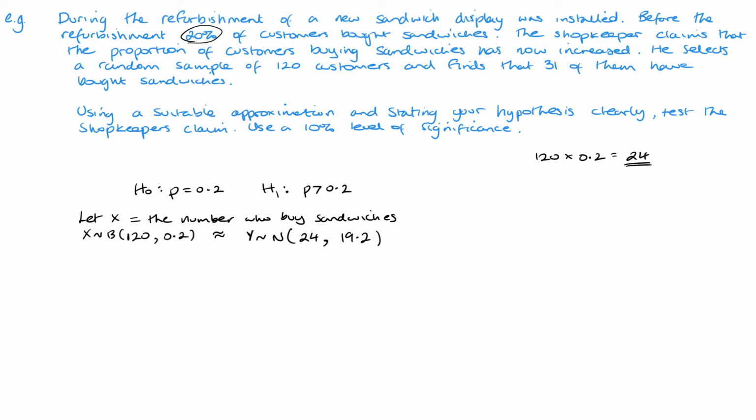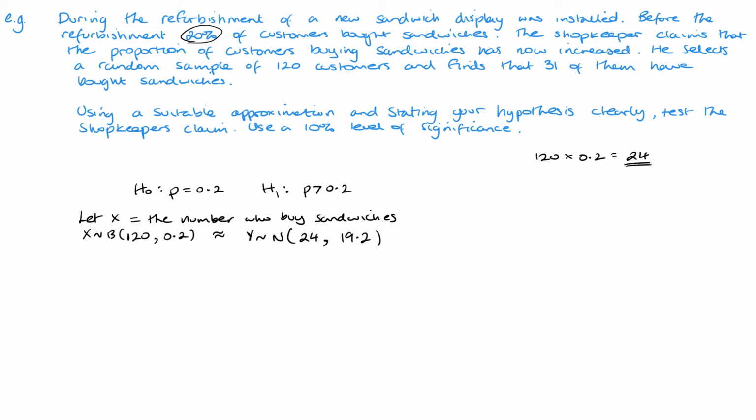This was also very important a long time ago, especially using the tables, as not all the probabilities would show up. Obviously it's still quite important now, but in the past it was definitely something that you could swap around. Sometimes it was easier to do a problem with the number of customers who didn't buy sandwiches, for example. But these days it is just straightforward.